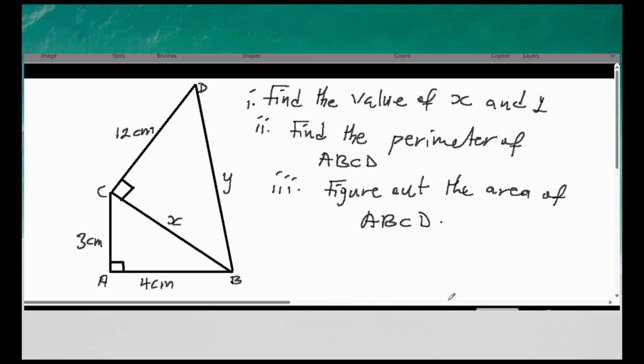Now, considering ABC, we could see that it is a right triangle.